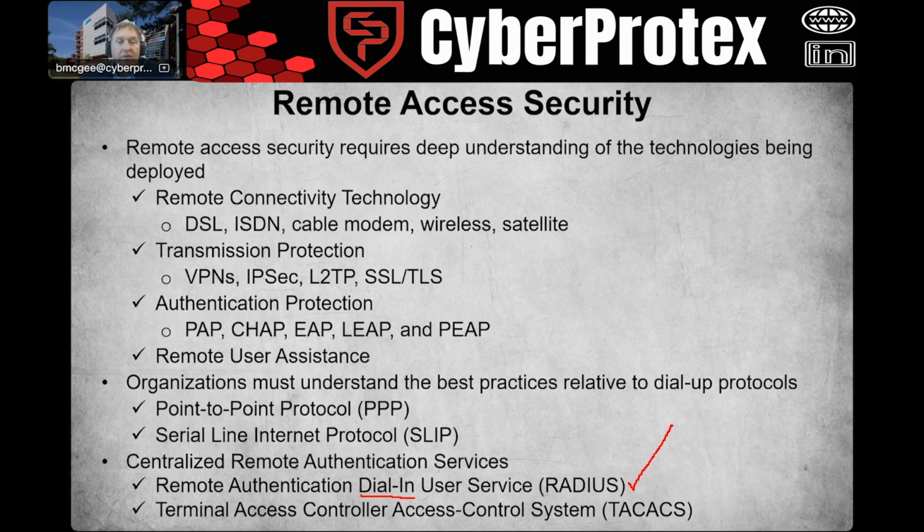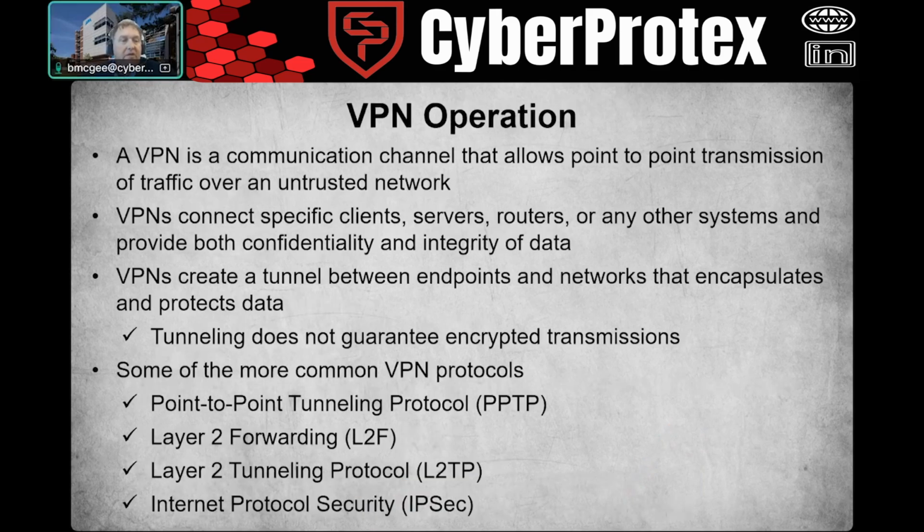So let's talk a little bit about VPN and how it works. It secures what's called a point-to-point transmission. If you're looking to send data over the internet, which is the untrusted network, then you may want to consider having a virtual private network.